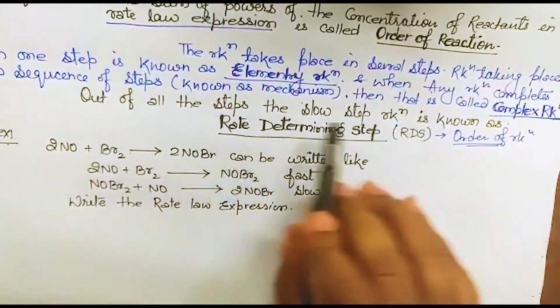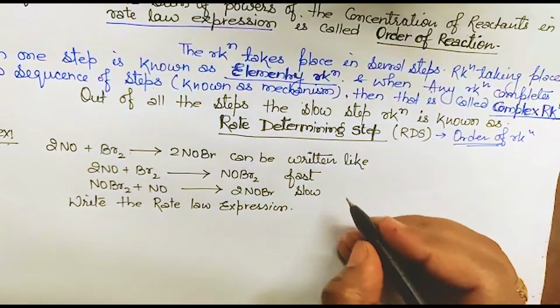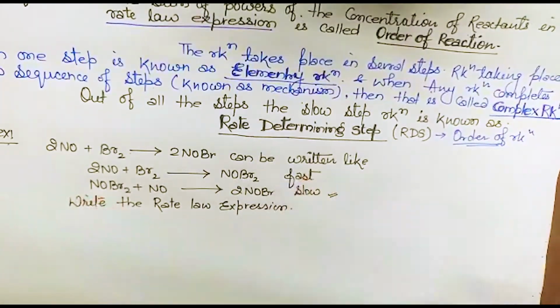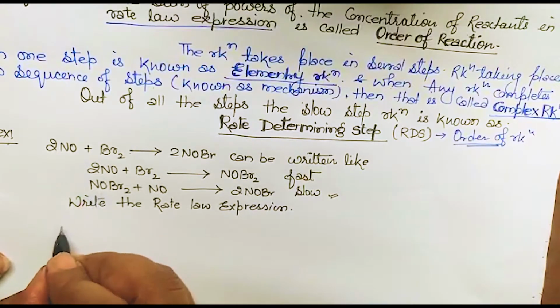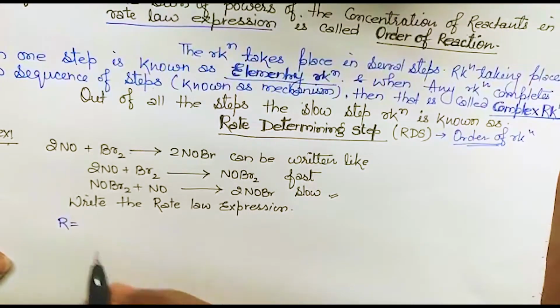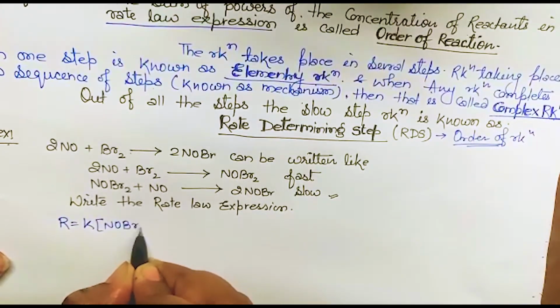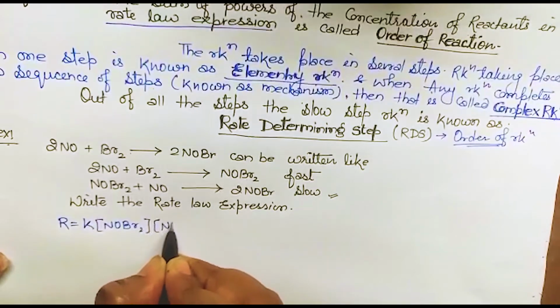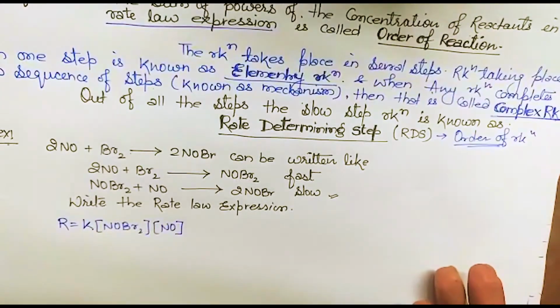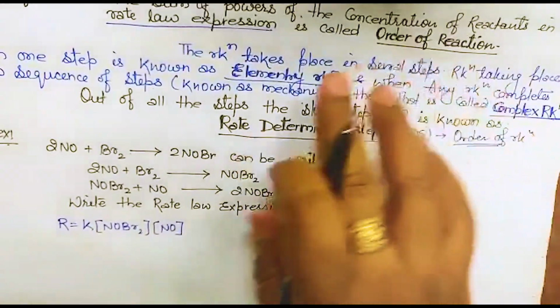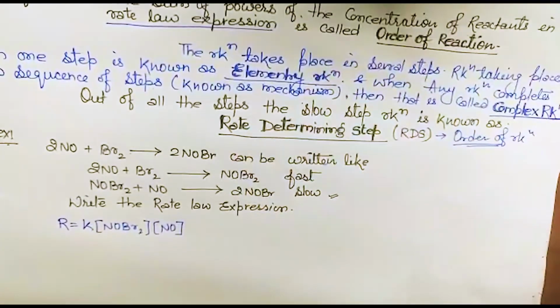As I told you, it is the slow step. So which one is the slow step? This one. That means according to this we will write the rate law expression. So R is equal to K [NOBr2][NO], isn't it? That will be the rate law expression according to this concept, the slowest step.